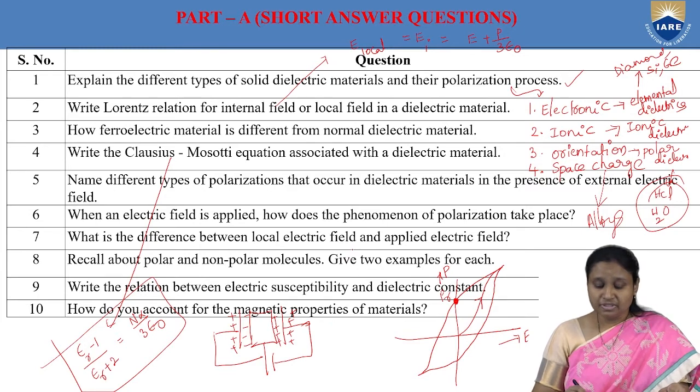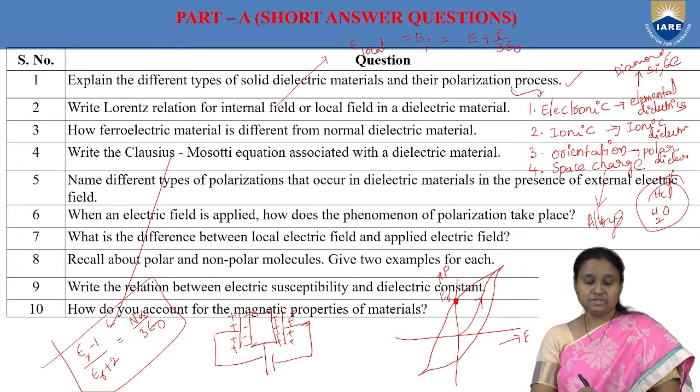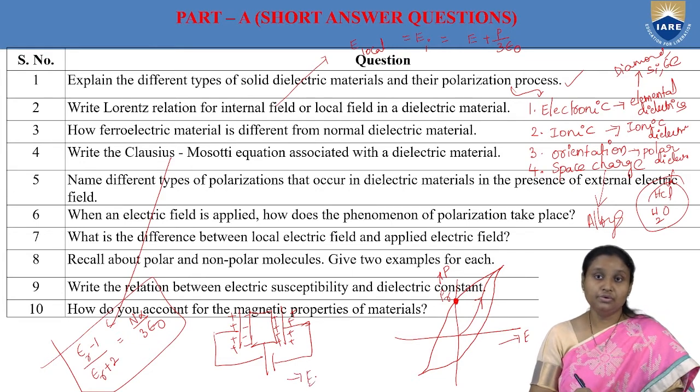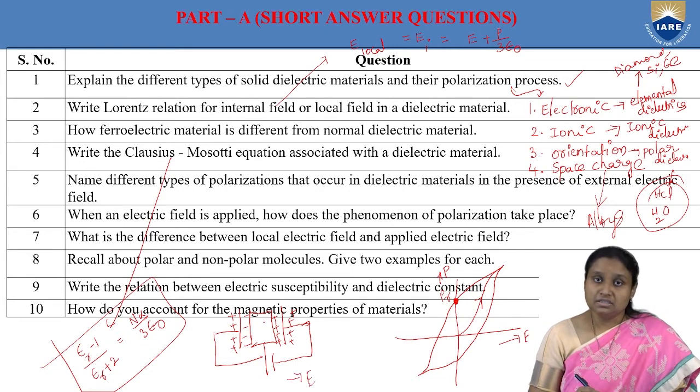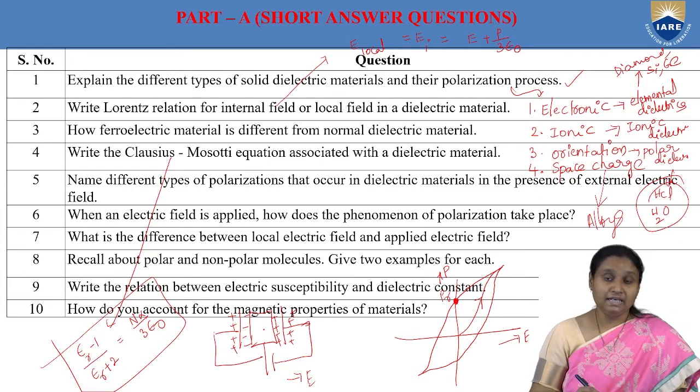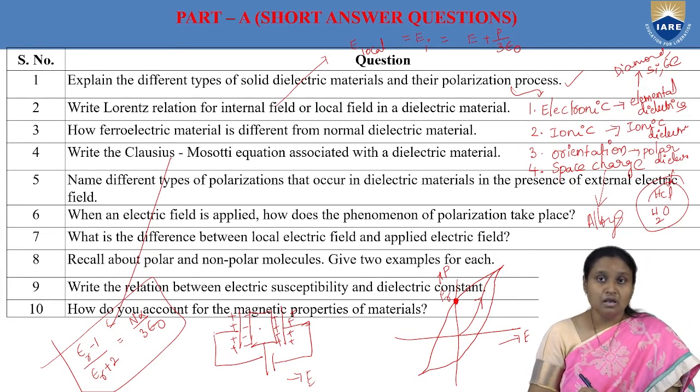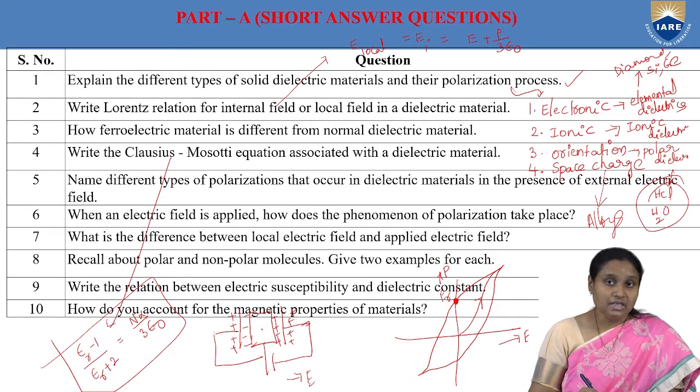Then, what is the difference between local electric field and applied electric field? The applied electric field is the field applied in order to produce polarization inside the dielectric material. The local electric field is the electric field at an atom selected inside the dielectric material.